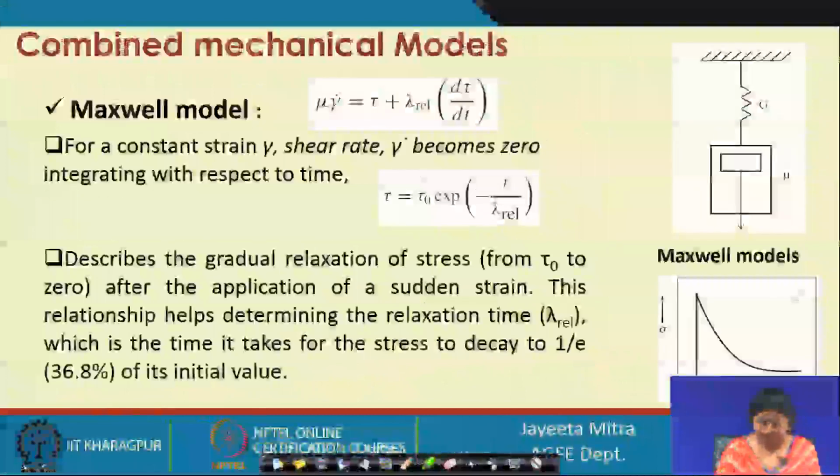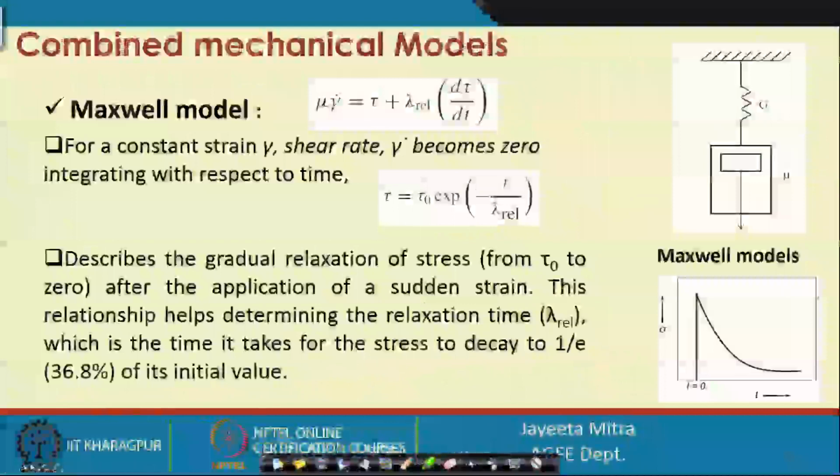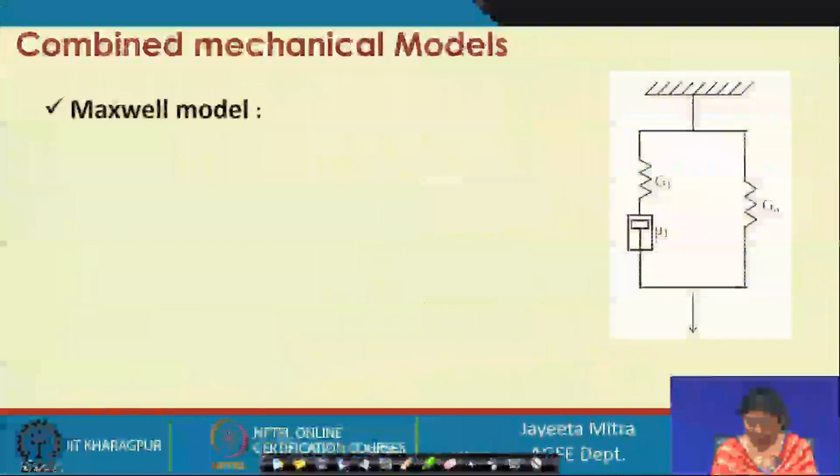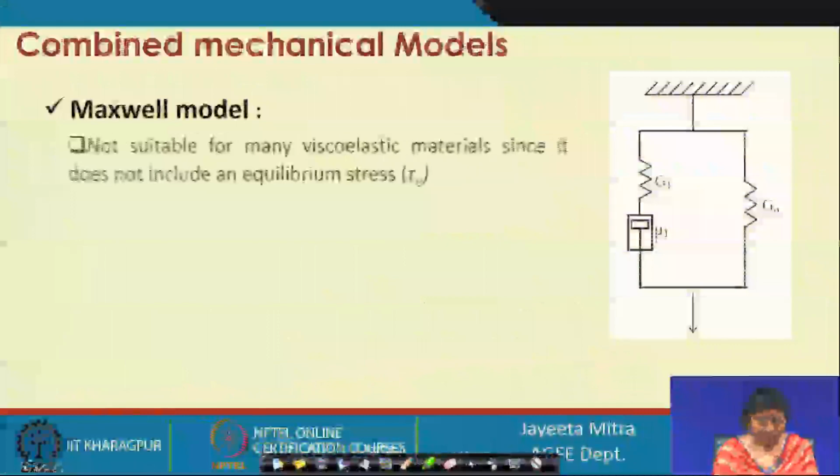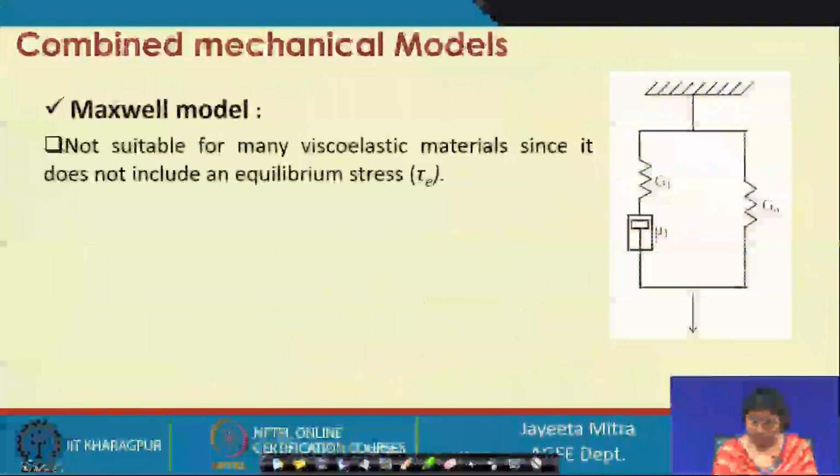So, we have now discussed the Maxwell model, and we will see that the Maxwell model has been modified by adding another spring in parallel to analyze the behavior of equilibrium stress.